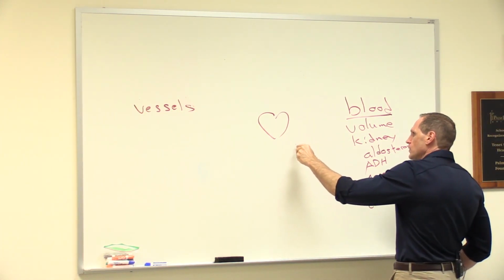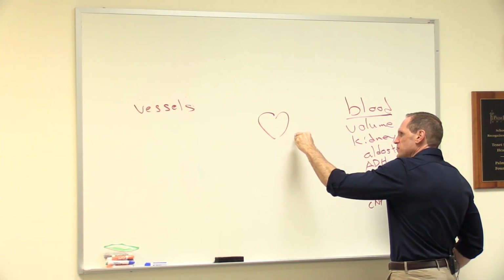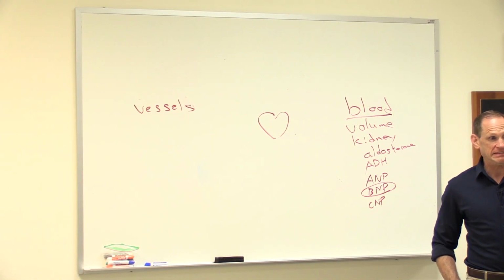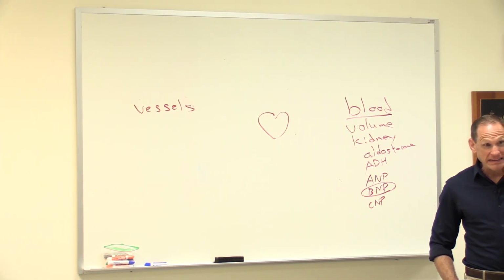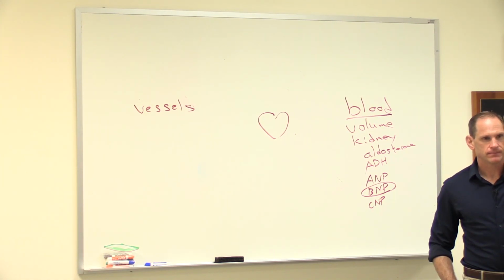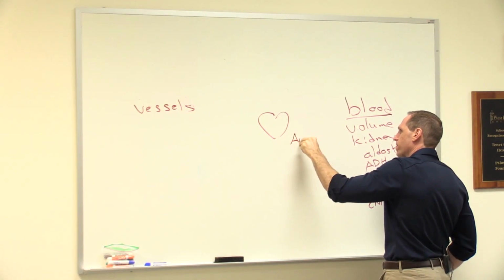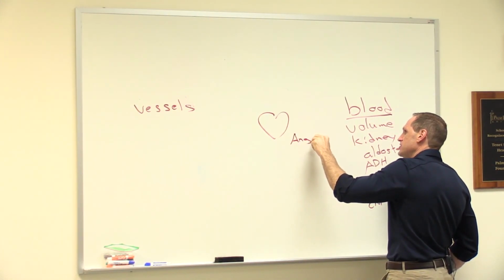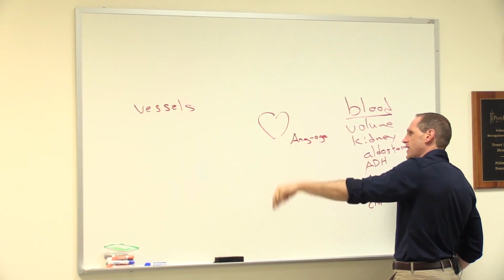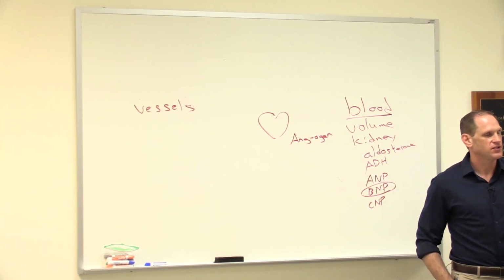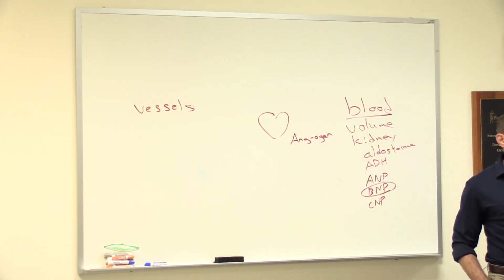So, what is the top of the renin, angiotensin, aldosterone pathway? Right, it's angiotensinogen. Okay. Angiotensinogen. So ogen is going to become whatever is before the ogen.